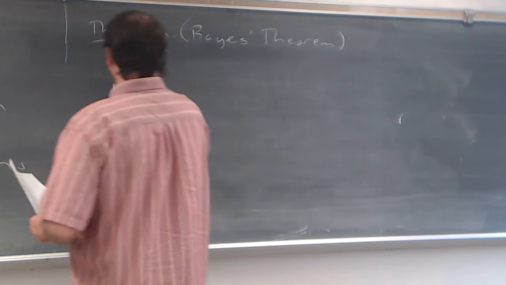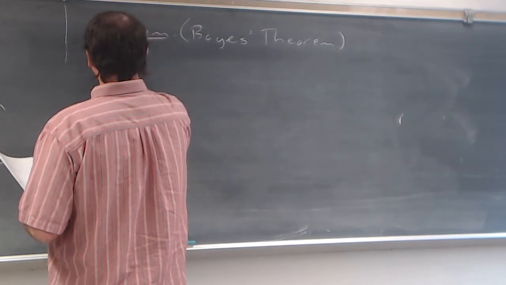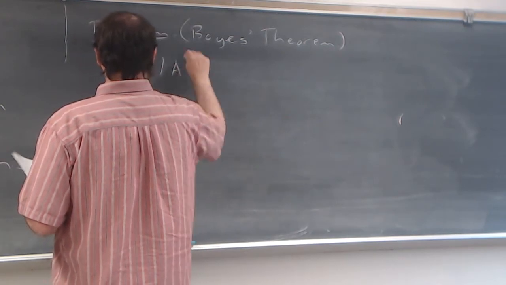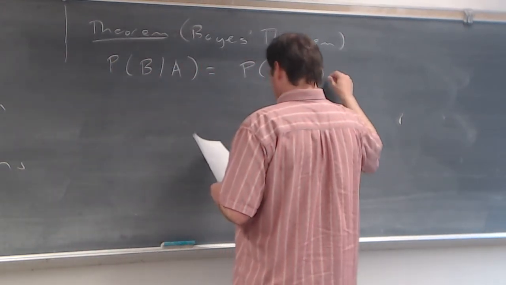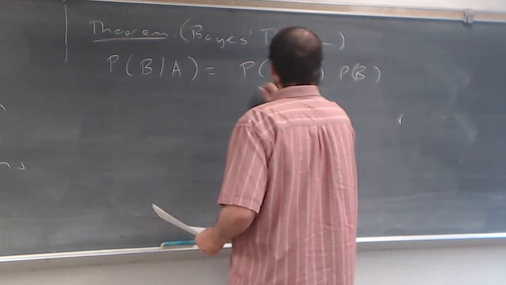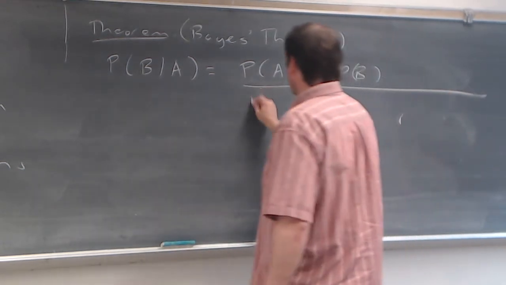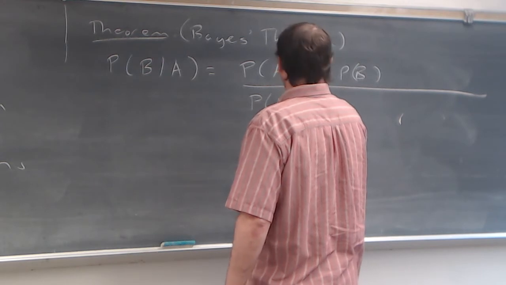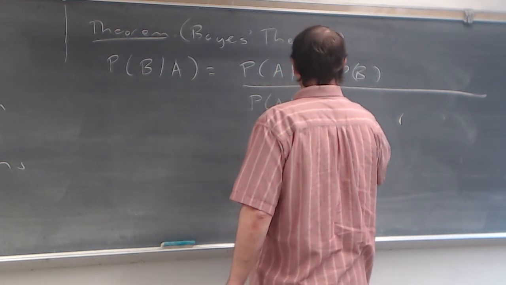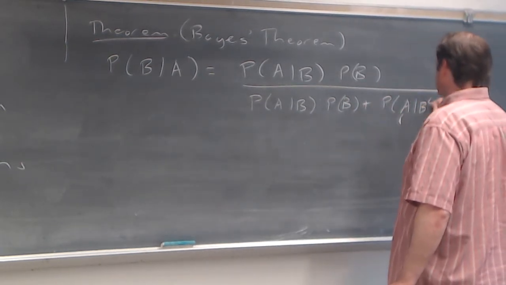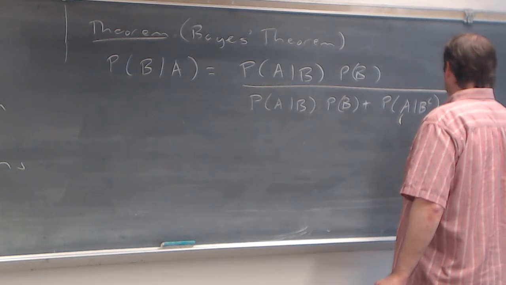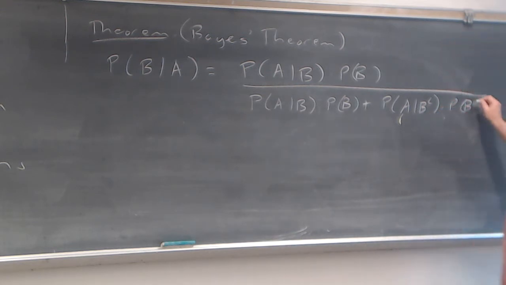In terms of notation, in terms of formula, it says the probability of B given A is equal to the probability of A given B times the probability of B, all over the probability of A given B times the probability of B plus the probability of A given B complement times the probability of B complement. So this is a fact, and we should prove it.